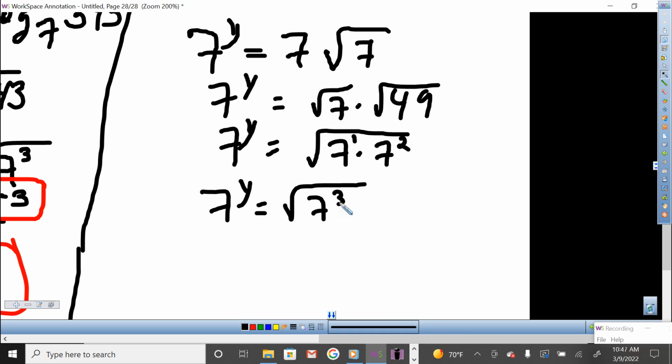What is a square root in exponential form? Tell your neighbor. Square root in exponential form. Let's see, I think Sebastian's got it. A square root is also known as what? What kind of exponent?